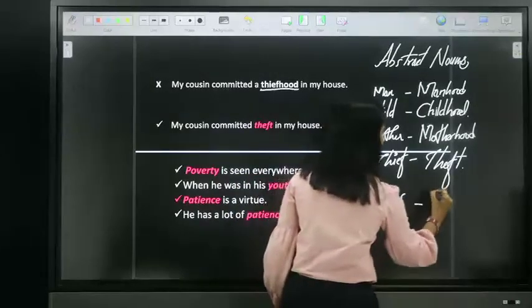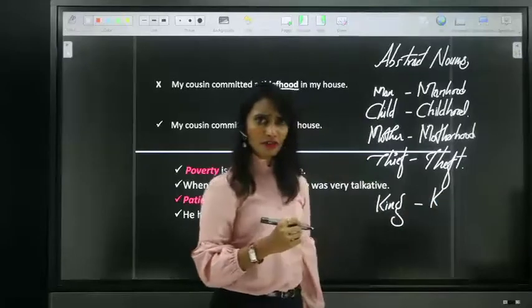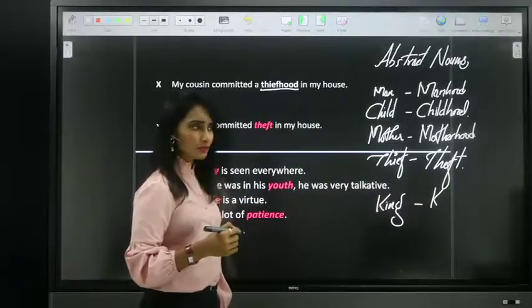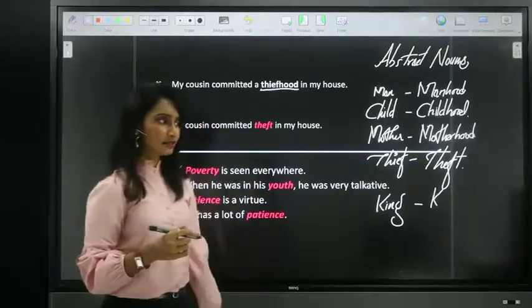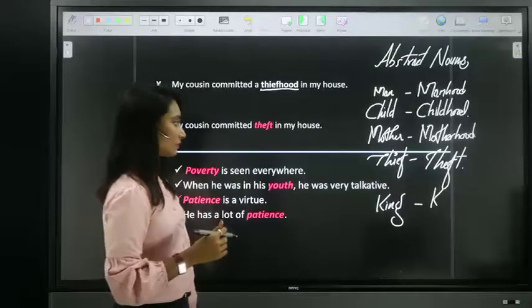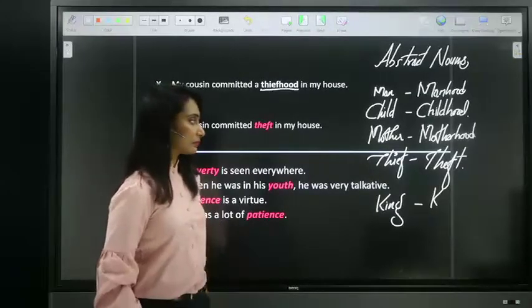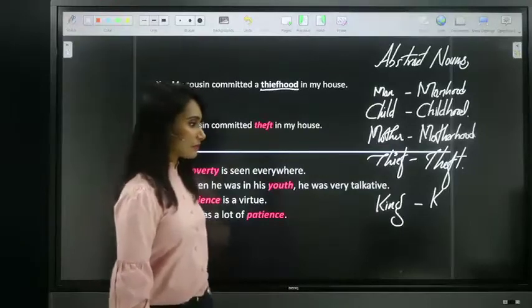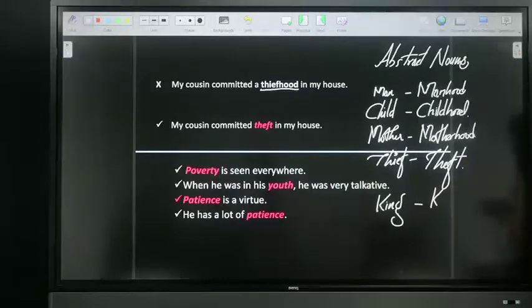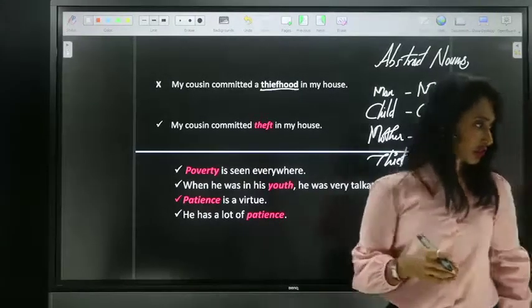And the abstract noun for king is, anyone? What is the abstract noun for king? Hurry up. What is the abstract noun for king? Good, good.